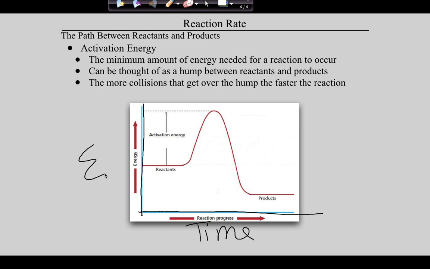So guys, this is the way that this goes. When a reaction starts, we have reactants. Please write that down about where it is in the graph. When a reaction starts, we have reactants. When a reaction ends, what do we end up with? Products. Please write that over here a little bit lower than the reactants.